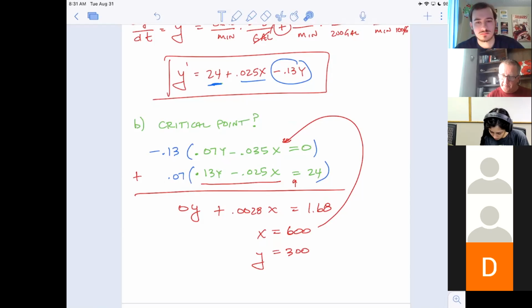So now I'm looking, thinking, I got 24 when I put 300 and 600 in the bottom equation.